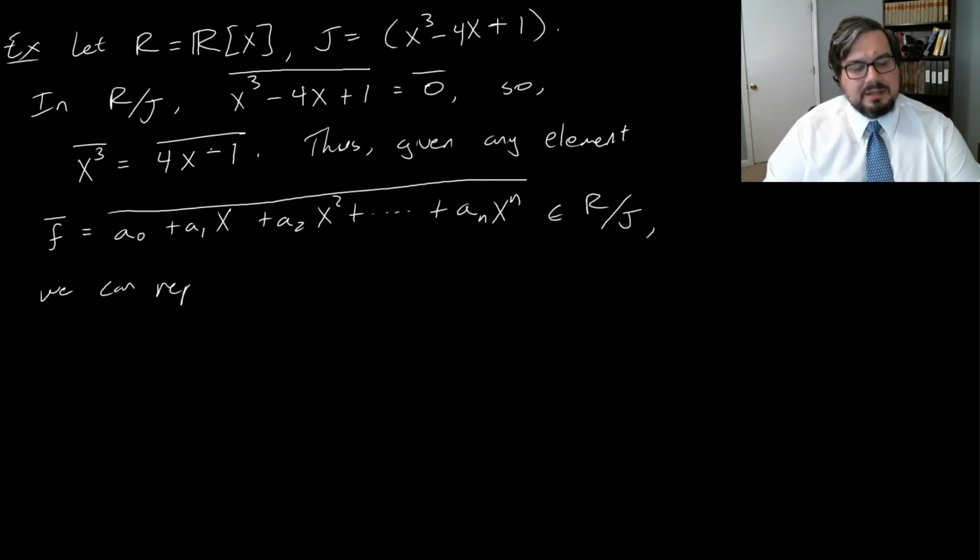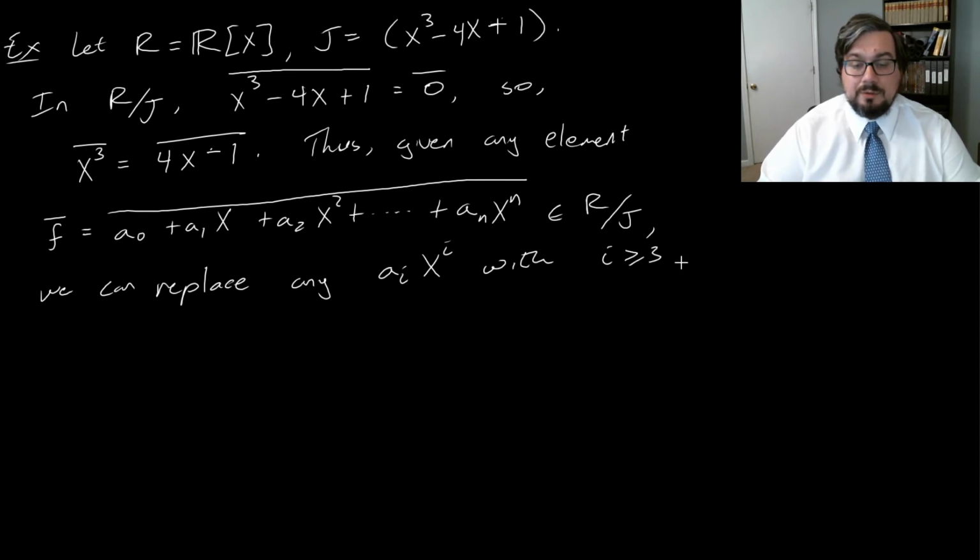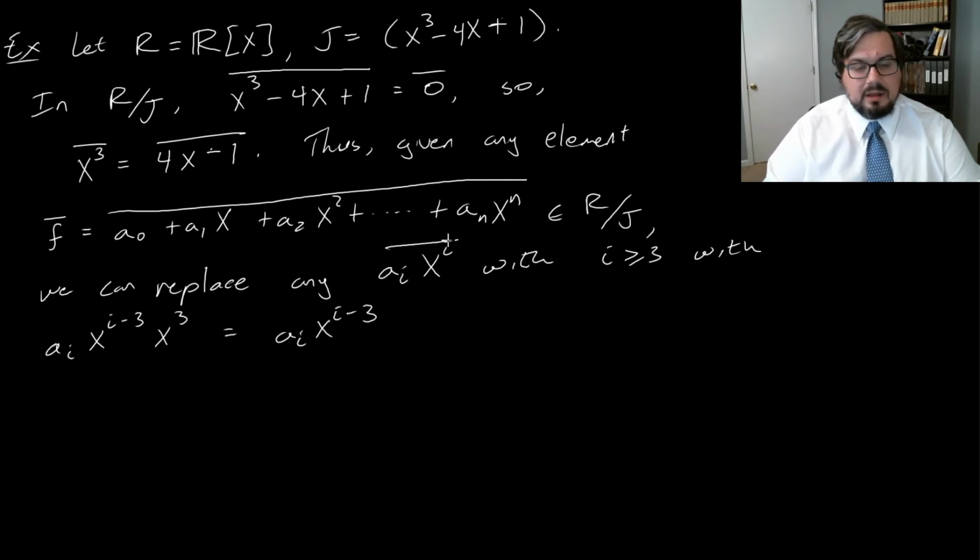we can replace any term ai x^i, with i at least 3, with ai x^(i-3) times x cubed, with bars over these.